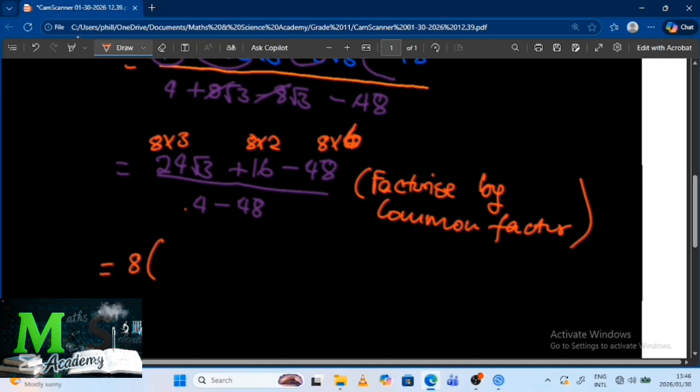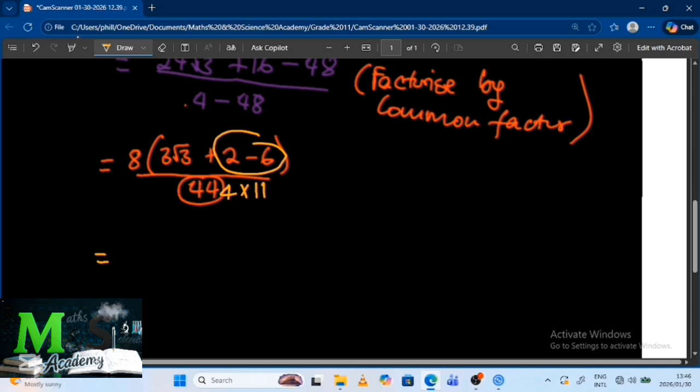Now we take out 8 as our common factor, giving us 8 into 3 root of 3 plus 2 minus 6, all over, in the denominator, 4 minus 48, which is equal to negative 44. We can rewrite 44 as 4 times 11. From here we can see that positive 2 and negative 6 give us negative 4.